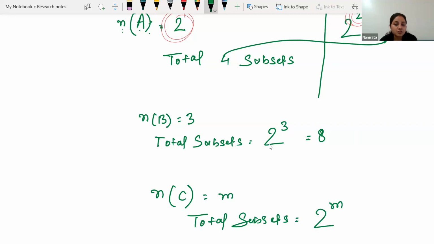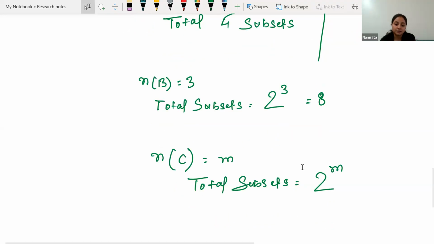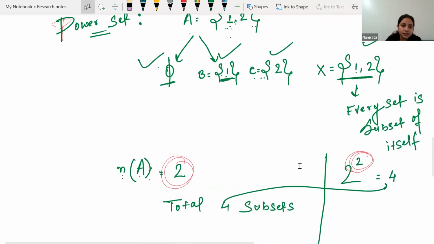So this 2 in the base is constant. We use the number of elements as the power, and that gives us the total number of subsets. So we write it like this.